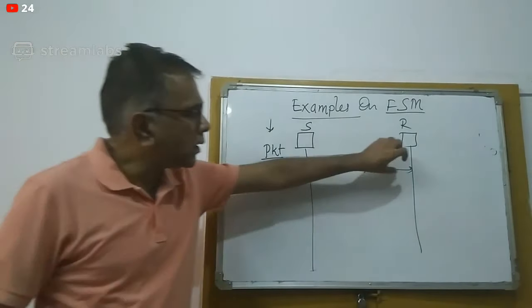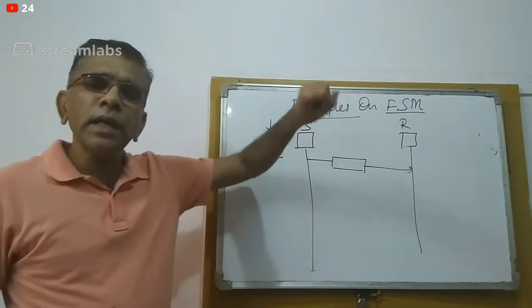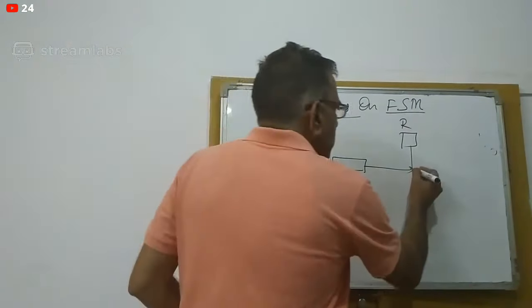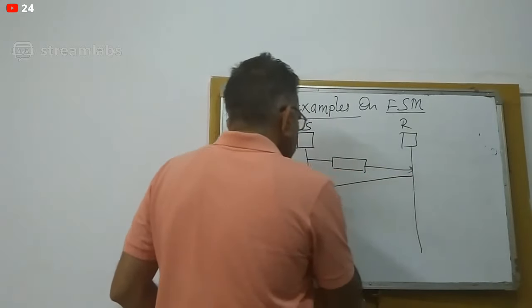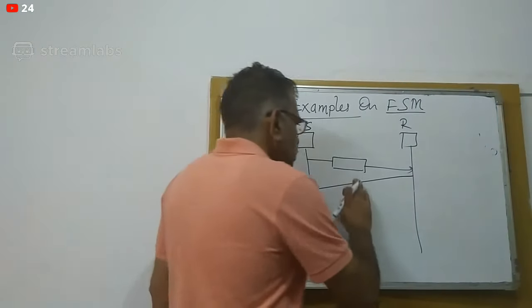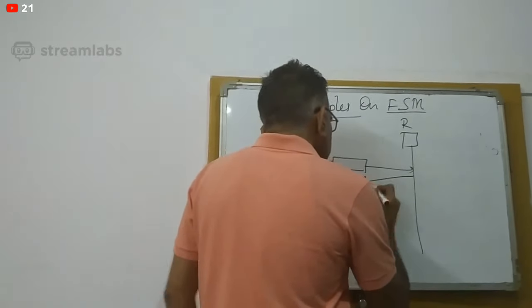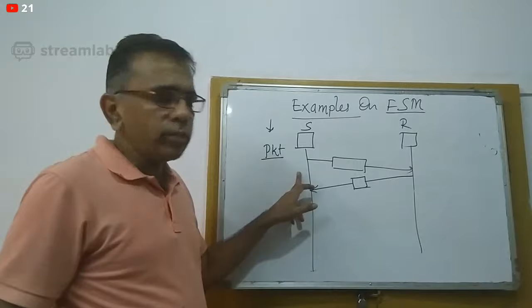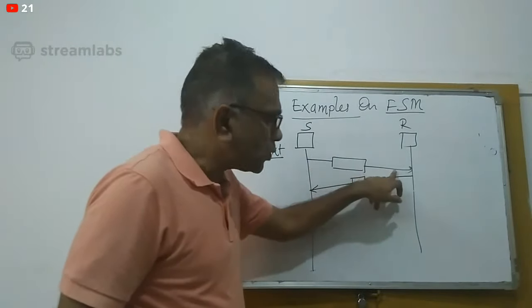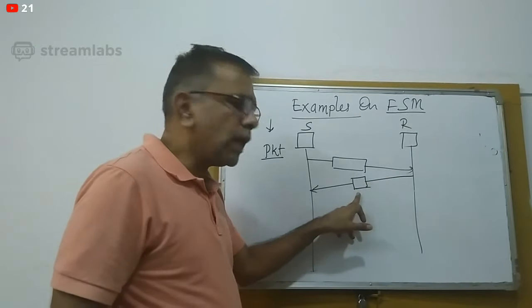Okay. The moment the frame appears at a receiving side in a healthy condition, the receiver will acknowledge that by sending an acknowledgement frame. Till that time, the sender is not doing any activity. The job of a sender is to send a frame and wait for an acknowledgement.